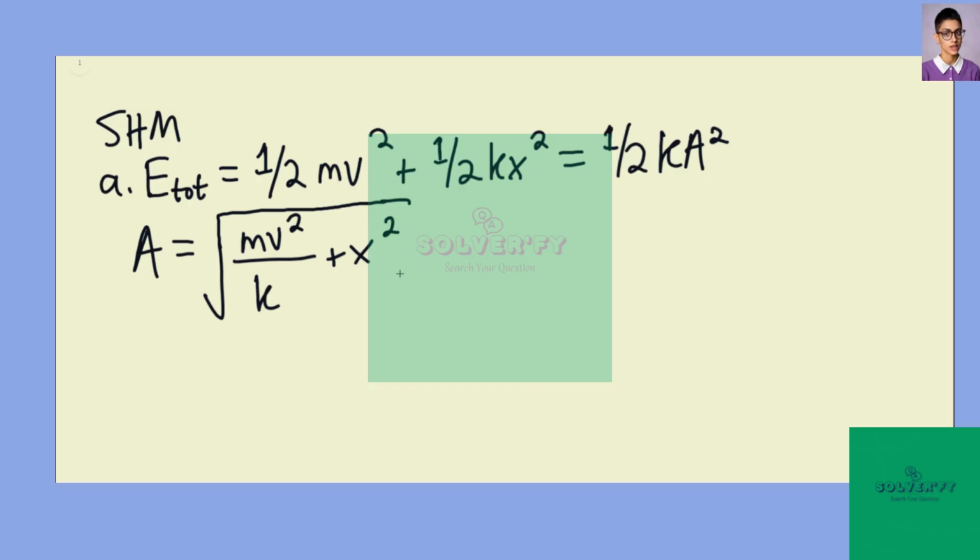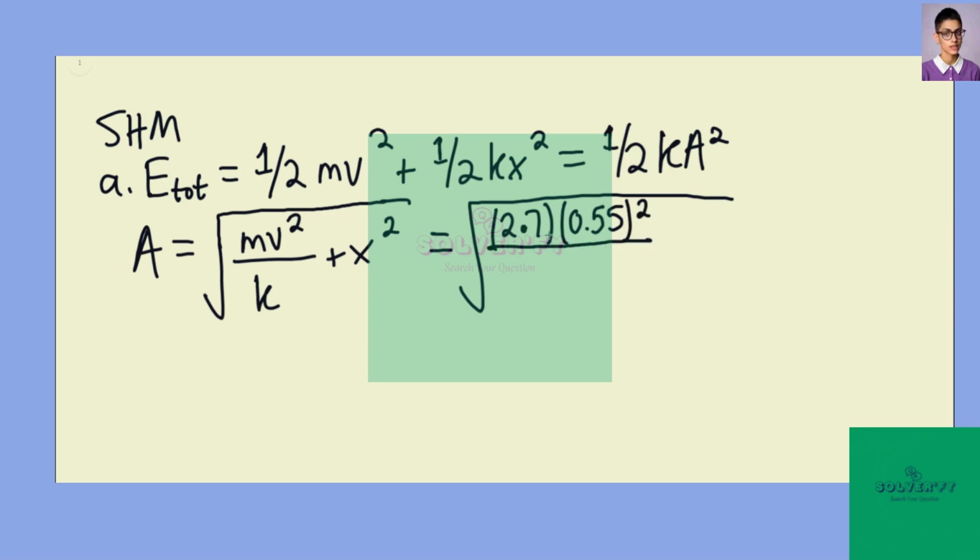And at this point, we can solve and say that A is going to be equal to 2.7 kilograms times the velocity of 0.55 meters per second quantity squared, and then divided by the spring constant of 280 newtons per meter, and then plus 0.020 meters quantity squared.